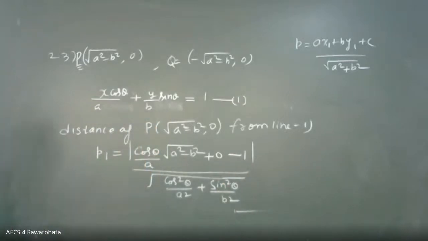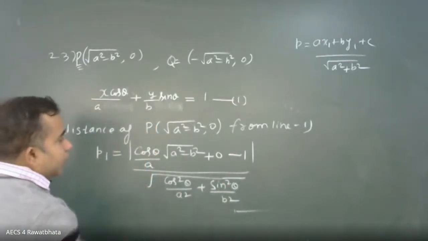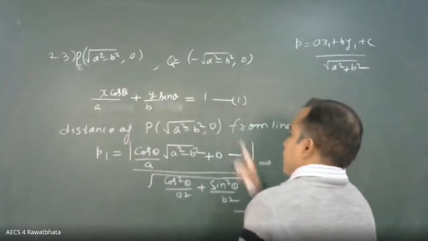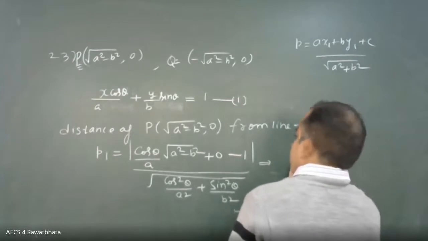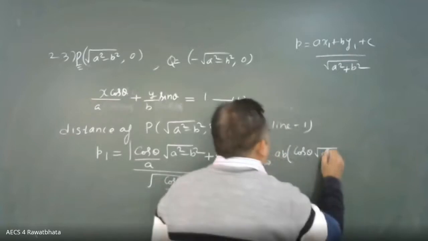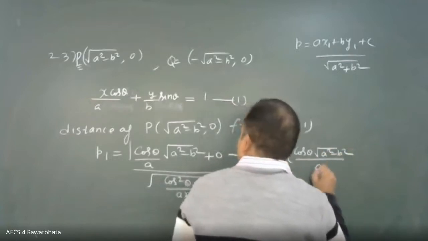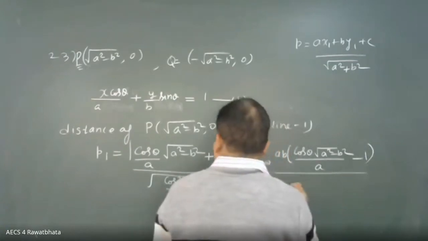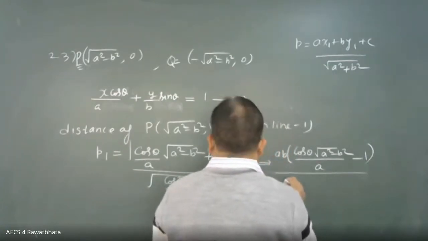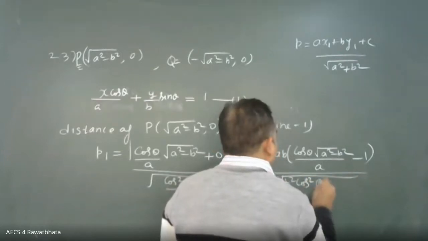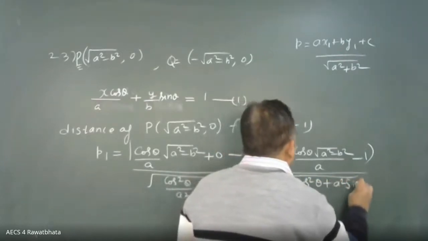Okay, on simplification, taking LCM here, this will give me ab in the numerator. So ab multiplied with cos theta root a square minus b square upon a, minus 1. Okay, whole magnitude is there. Then root of b square cos square theta plus a square sin square theta.